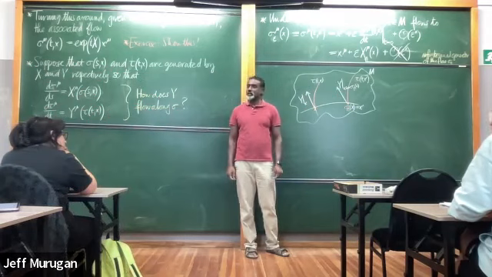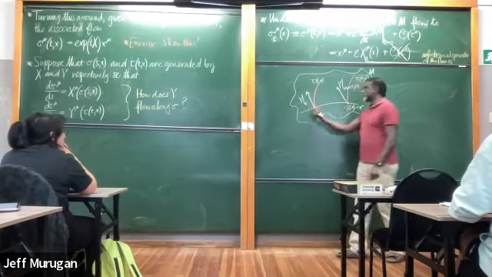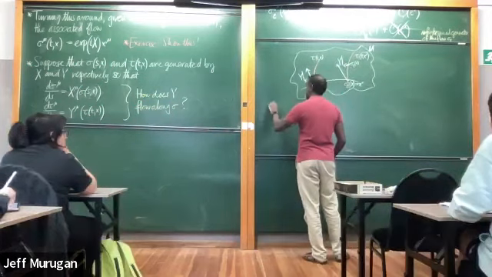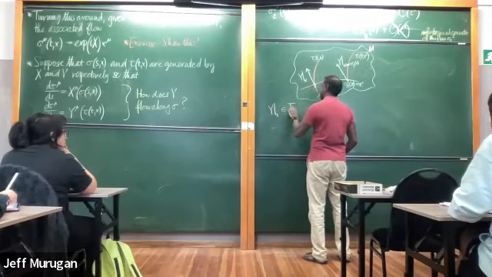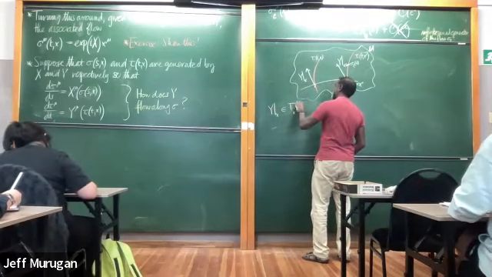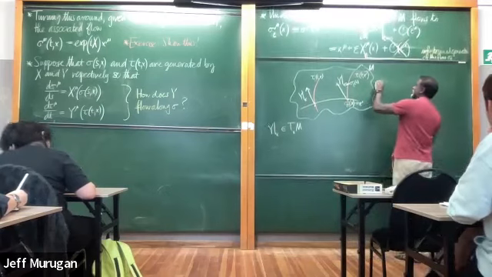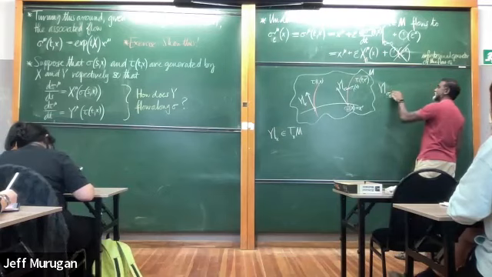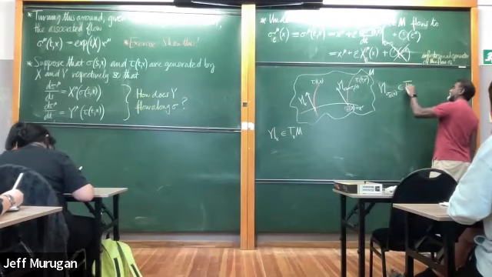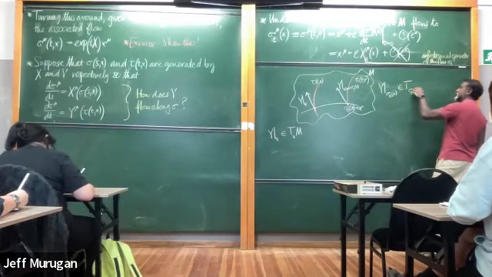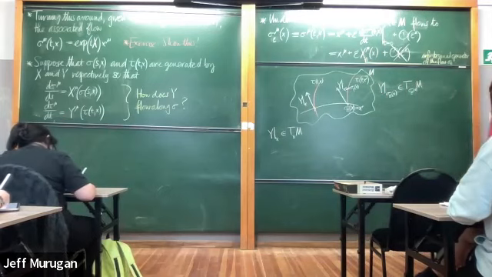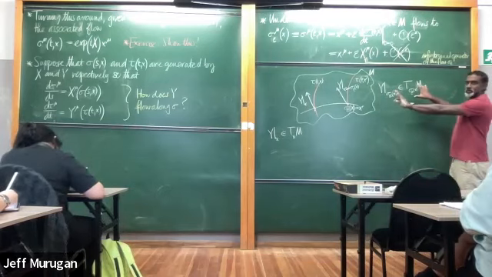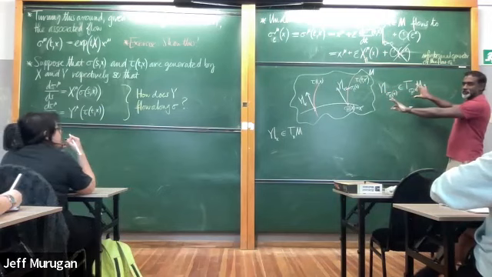They live in two different vector spaces. y at x lives in the tangent space T x M, and y at sigma epsilon of x lives in the tangent space T sigma epsilon of x. So they live in two different tangent spaces. So I can't directly take the difference like that.